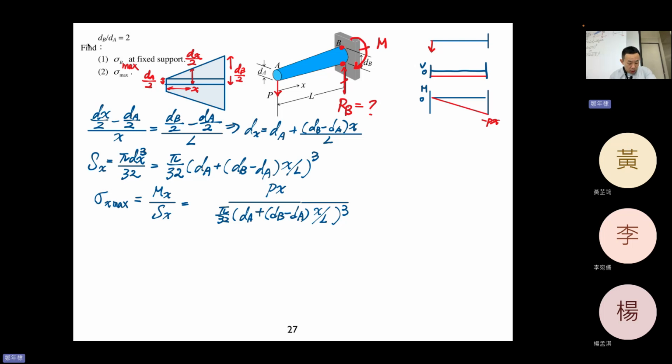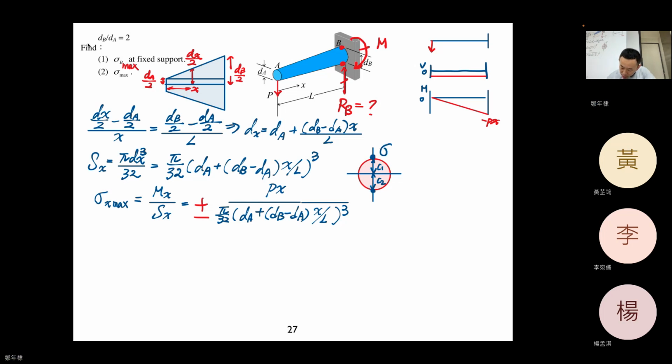And now don't forget that it should have positive and negative, because when you have a moment on this, this is a cross section, and because they are symmetric, C1 and C2 are the same, and sigma.